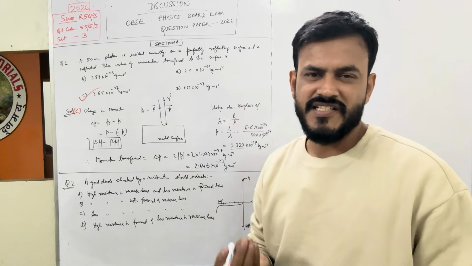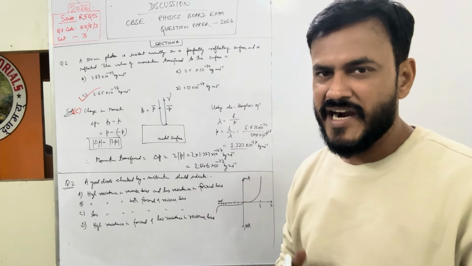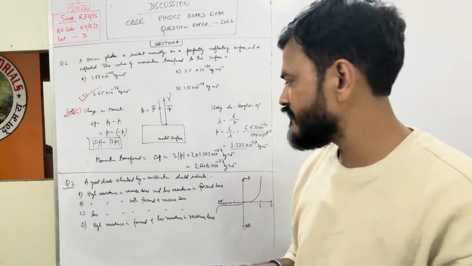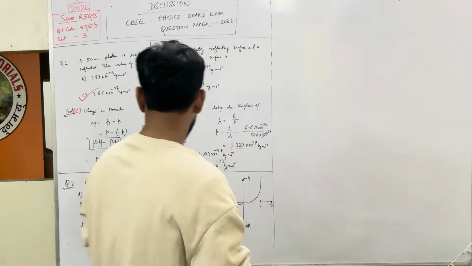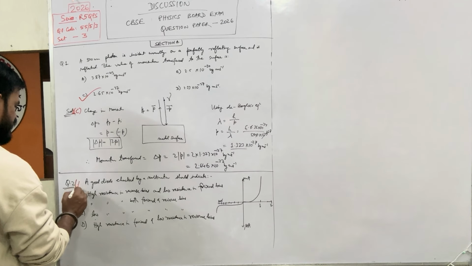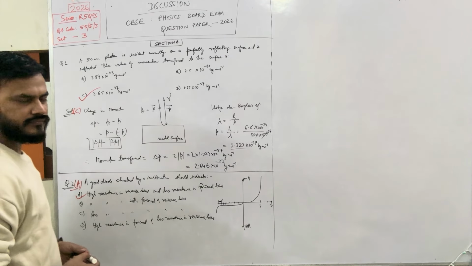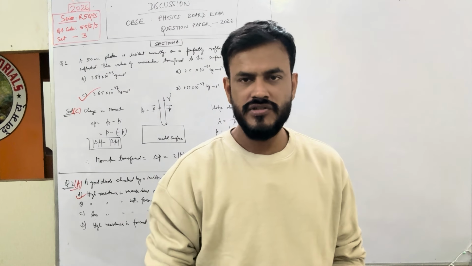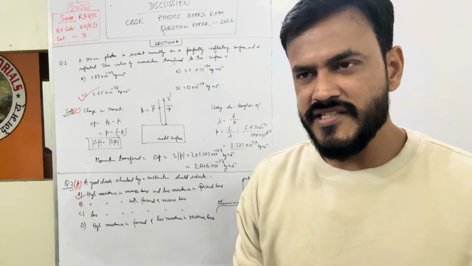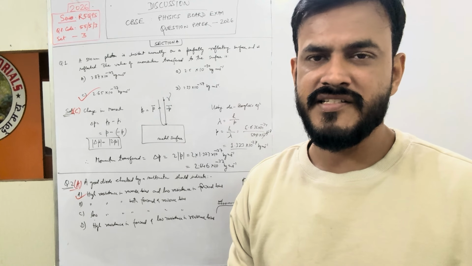So in forward bias there is very low resistance, and in reverse bias ideally it should have infinite resistance. So the correct answer comes out to be A. An ideal diode should have very low resistance in forward bias and infinite resistance in reverse bias.